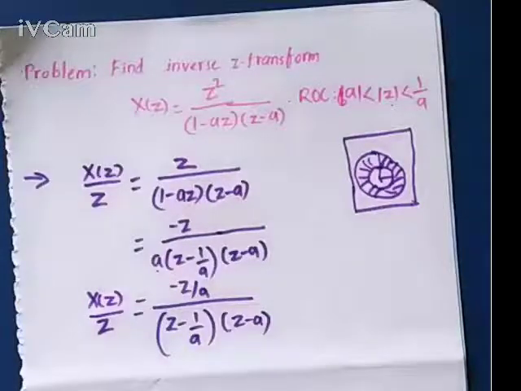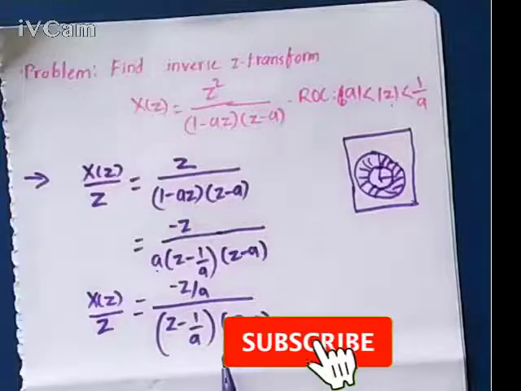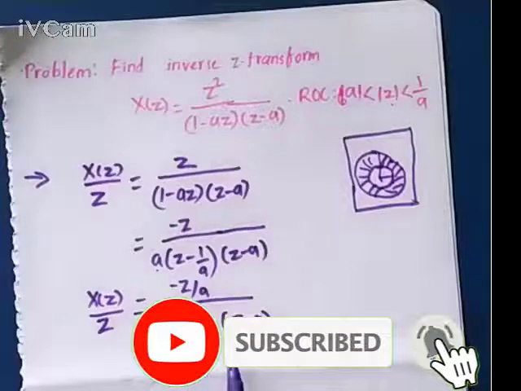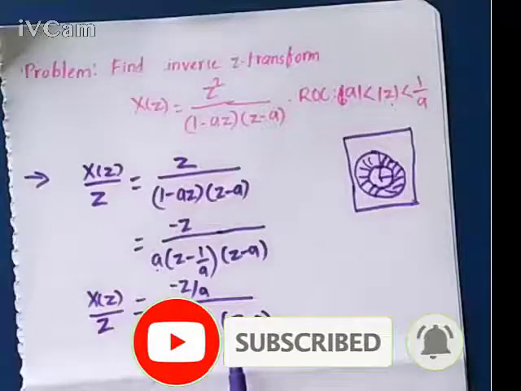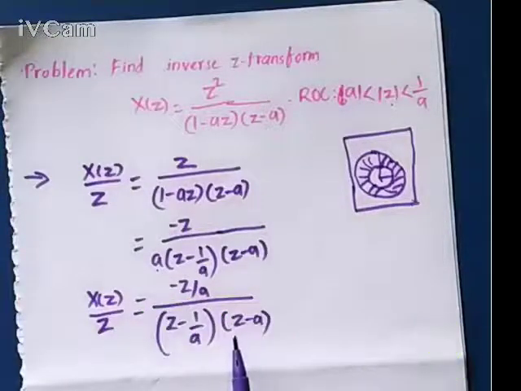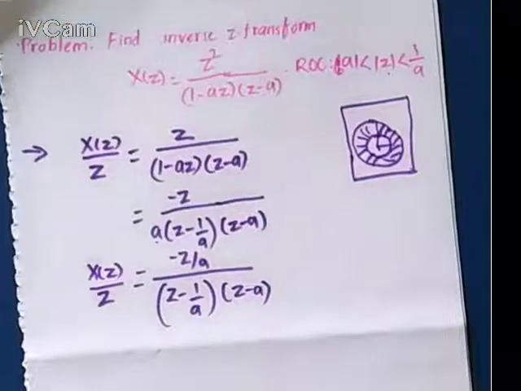Now we have this form of X of z by z as a proper rational function. I could see there are two poles here. So this is the case 1 type of question, wherein I can represent this X of z by z in the constant quotient form.